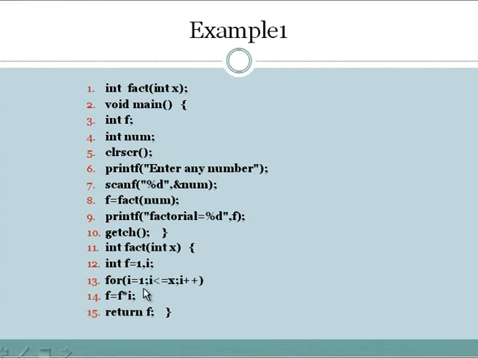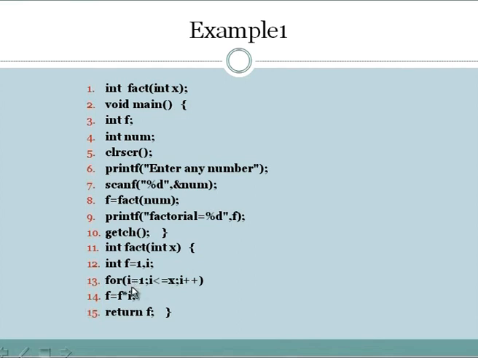Factorial of 5 will be 1 multiplied by 2 multiplied by 3 multiplied by 4 multiplied by 5. So this logic is basically implemented in the body of the fact function. Here in the body of the function we have used a loop to calculate the factorial of the number. We assumed that the value of x is 3.